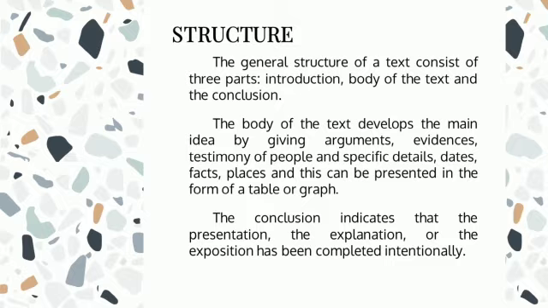Every literary work must have a beginning. It could be just a paragraph to express briefly the main idea, to anticipate for the reader what is about to come. The body of the text develops the main idea, and the writer explains the situation by giving arguments, evidence, testimony of people, and specific details, dates, facts, places, and this can be presented in the form of a table or graph.